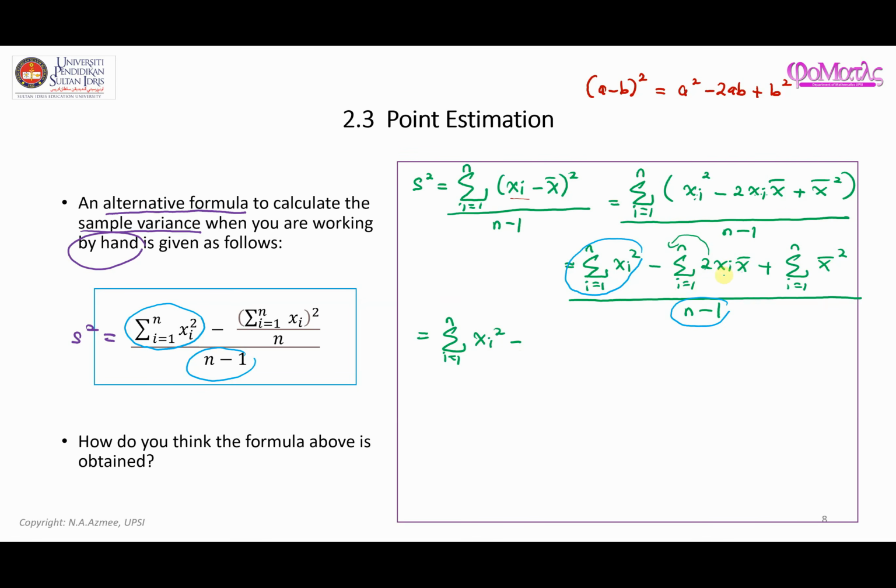Only this one depends on i because it has a subscript i. So we can consider taking out 2 x bar. So that will become 2 x bar outside of the summation process. So the summation process is here with respect to xi. So that's what happened here. Okay, 2 x bar are the constants. So we can consider that to be outside the summation process. You factor out 2 x bar basically.